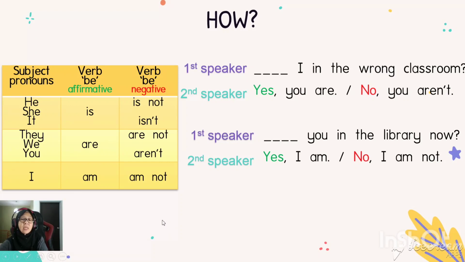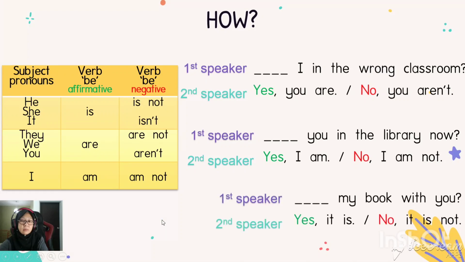Okay, now let's look at the third example. The first speaker asks, blank my book with you? What about this one? Blank my book with you. So we are talking about my book. My book is a non-human thing. Okay, non-human.